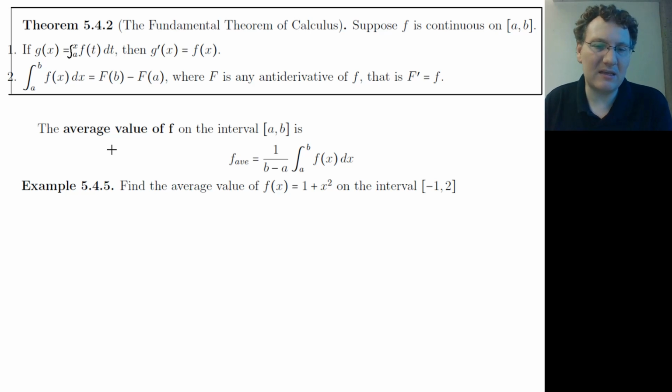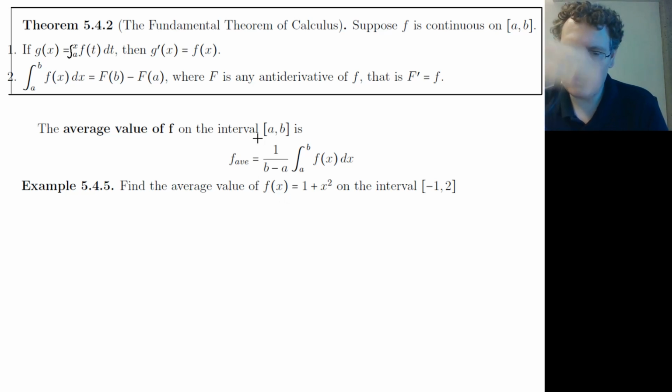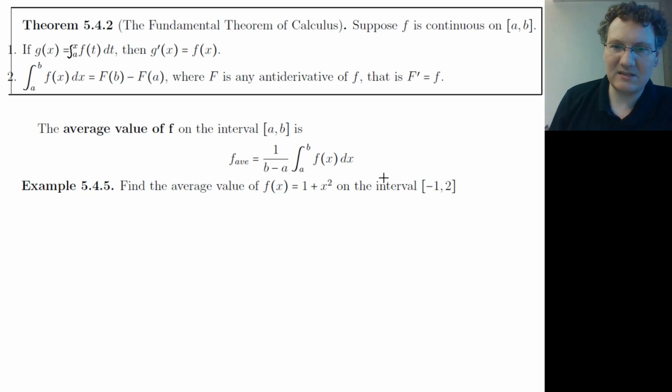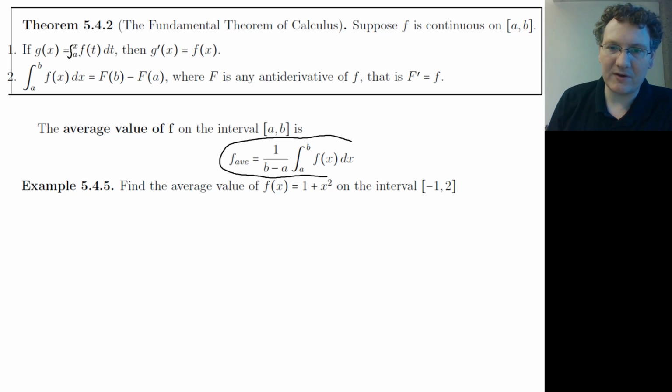Because the definite integral gives you the area under the curve, if you divide that by the length of the interval, that gives you the average value of the function over that interval, from a to b.